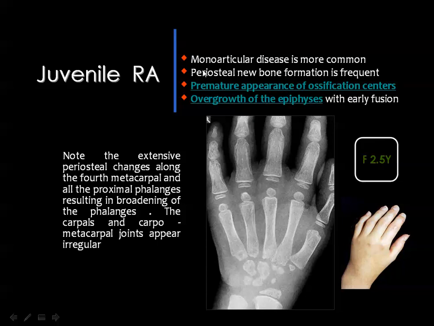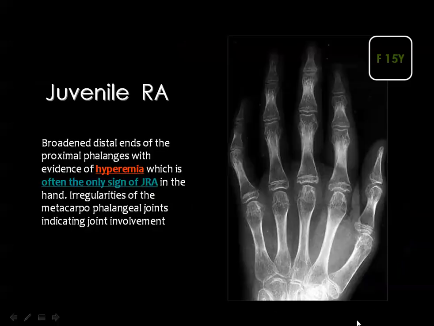Also, one of the manifestations is the presence of preosteal new bone formation. If you look in the hand, you can see it around the phalanges, and also around the metacarpals. Due to hyperemia, there may be premature appearance of the ossification centers, and there also may be overgrowth of the epiphyses with early fusion.